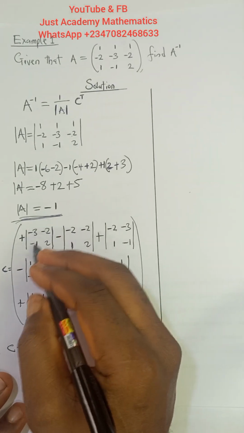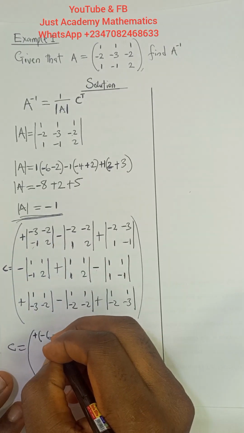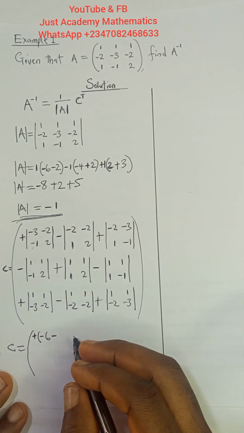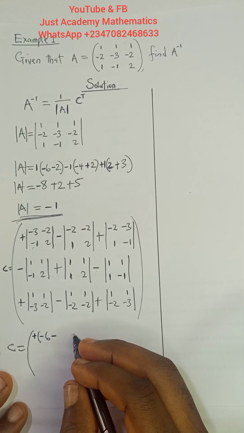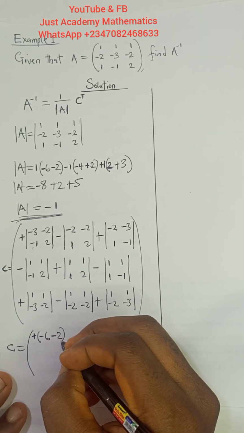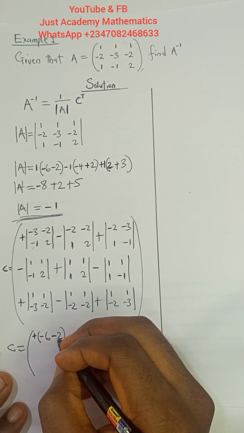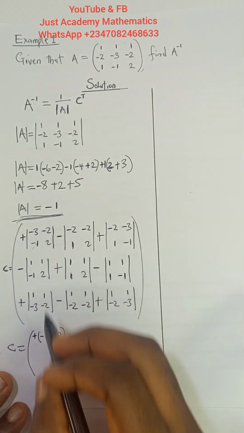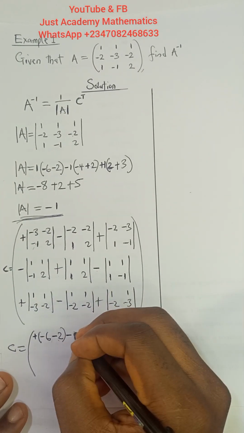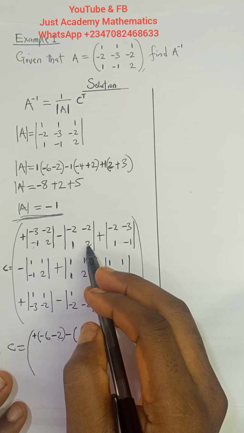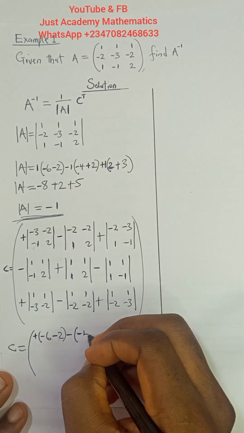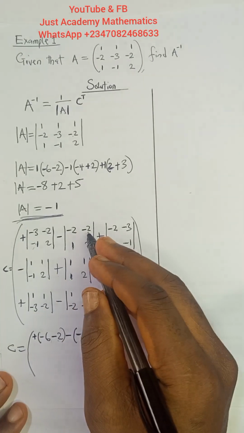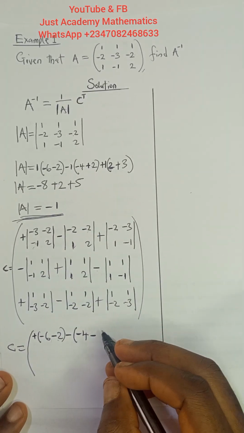This time this minus, then minus 2 times minus 1 is plus 2. Are you following now? This time this minus 6 minus this time this is 2. Minus will be outside. We'll go again. Minus 2 times 2 is minus 4. Then minus 2 times 1 is minus 2.